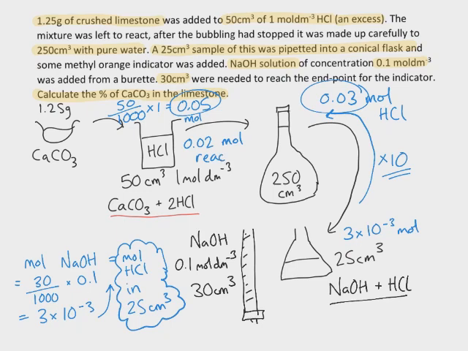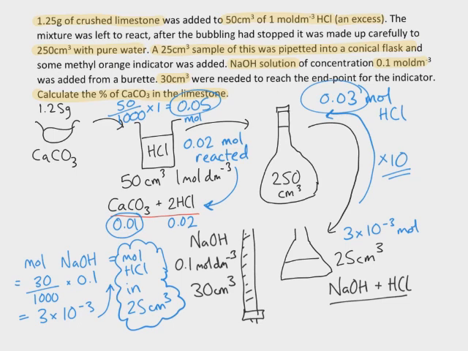So 0.05 take away 0.03 is 0.02, which is how much reacted, and it reacted in that equation between calcium carbonate and hydrochloric acid. So I now have a molar ratio. I know that 0.02 moles of HCl reacted, which means that in my original sample of limestone, I must have had 0.01 moles of calcium carbonate.